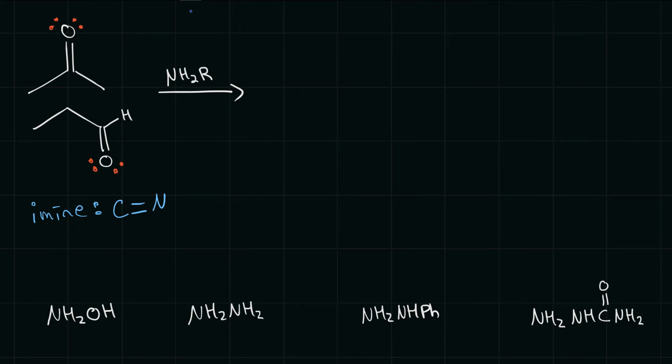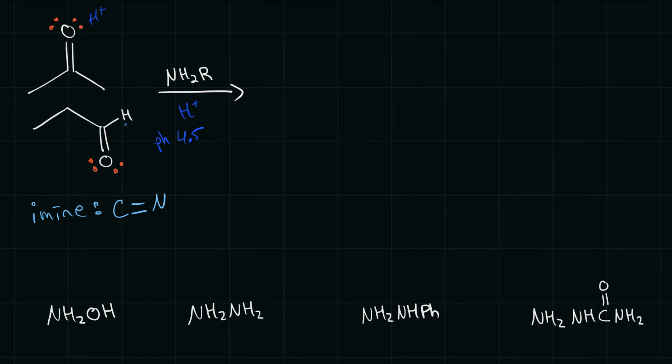Well, if we provide just some sort of acid with this amine, as long as it's at a good pH. So if we have a pH of around 4.5, this is the most stable pH in order to form an imine. What happens is that the lone pairs on the carbonyl group of the ketone and the aldehyde are attracted to the hydrogen and they'll get protonated.